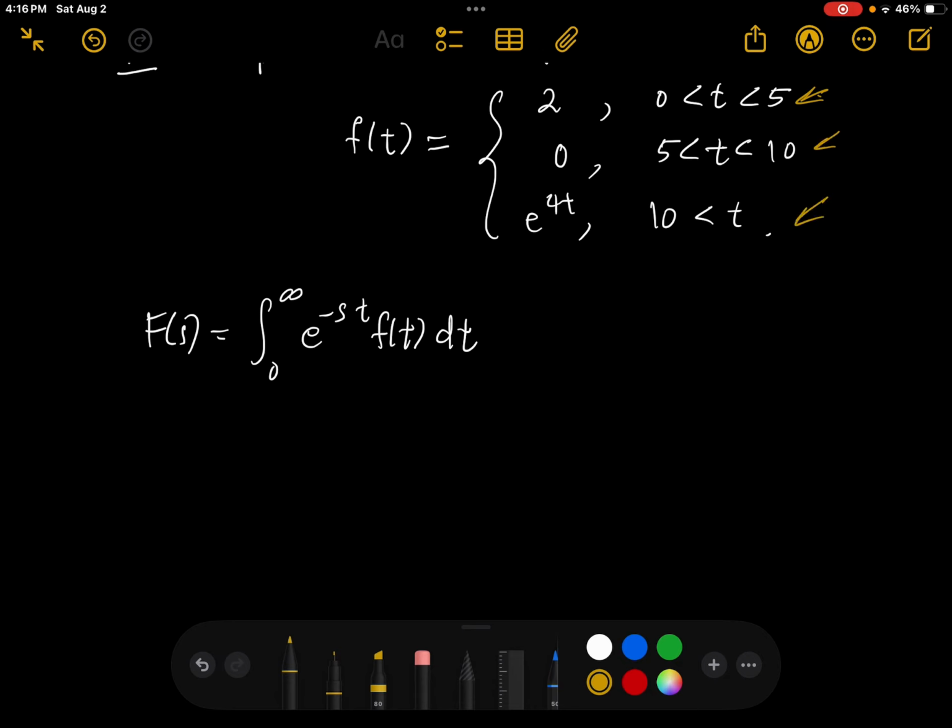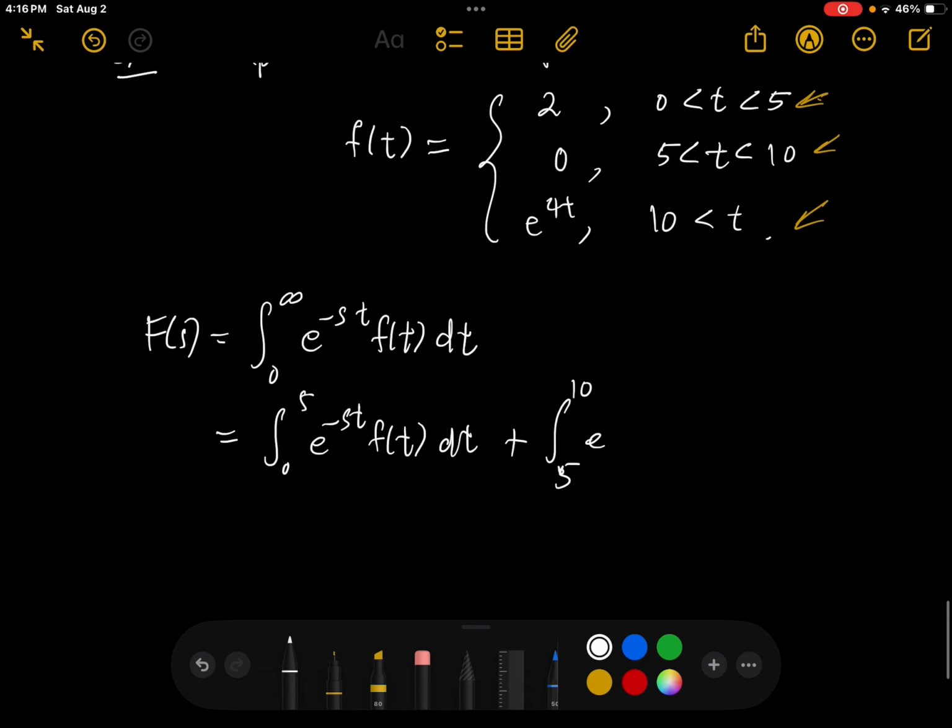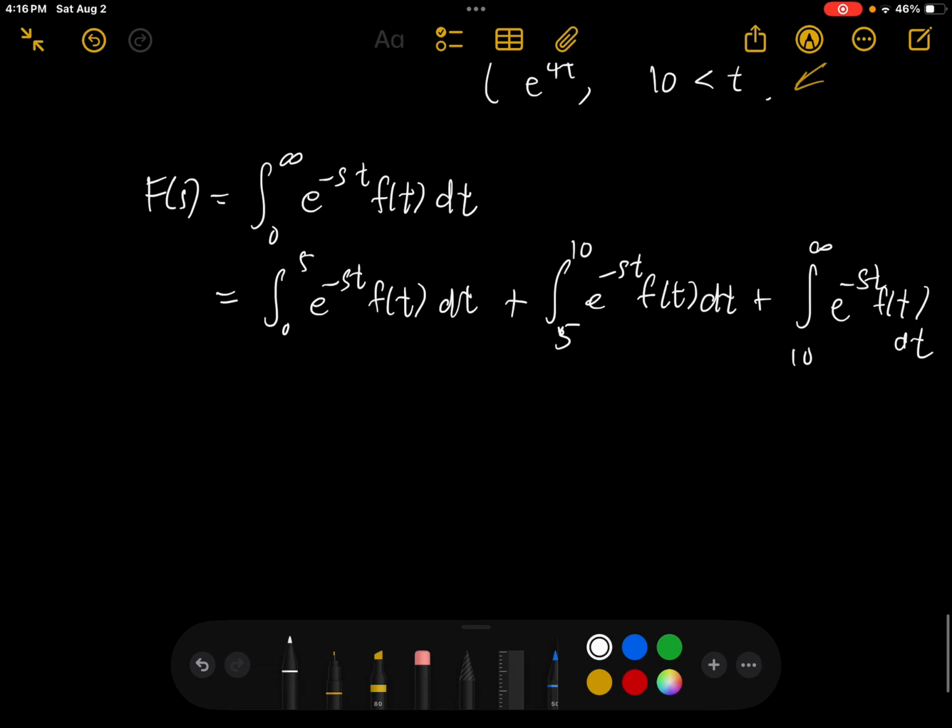I can split up the integral from 0 to infinity as the integral from 0 to 5, plus the integral from 5 to 10, plus the integral from 10 to infinity. And then just do each of the integrals separately.